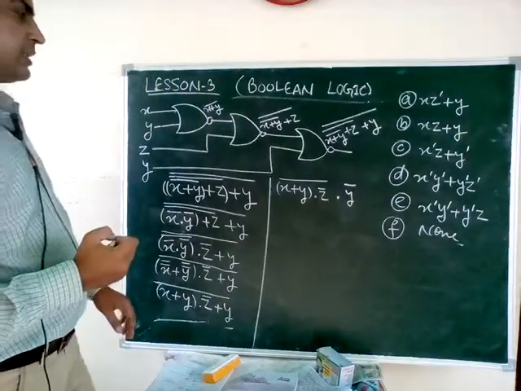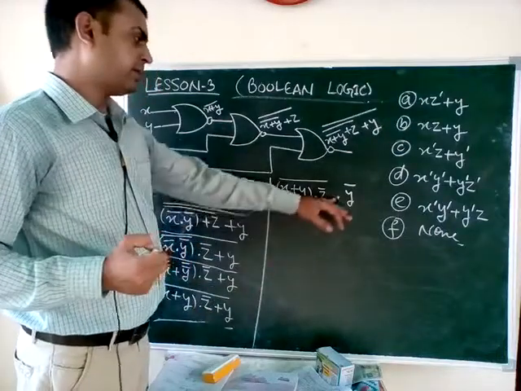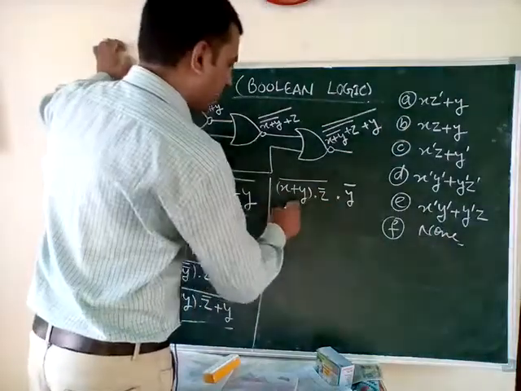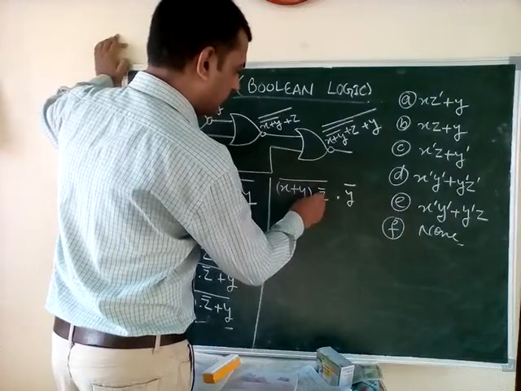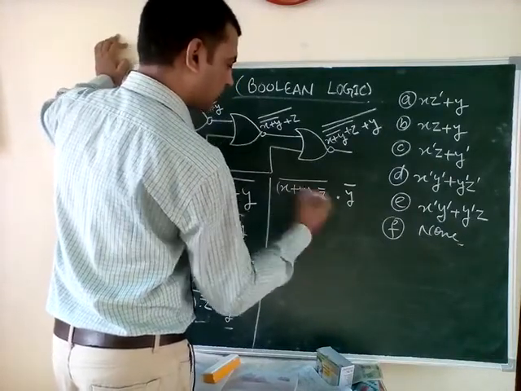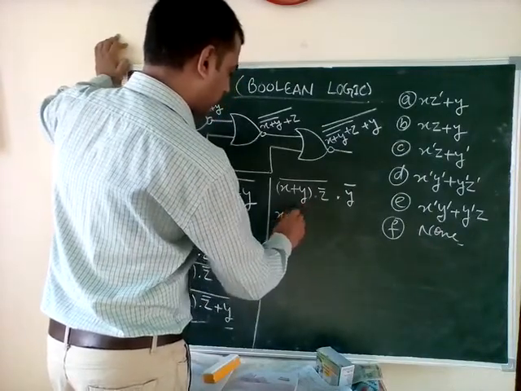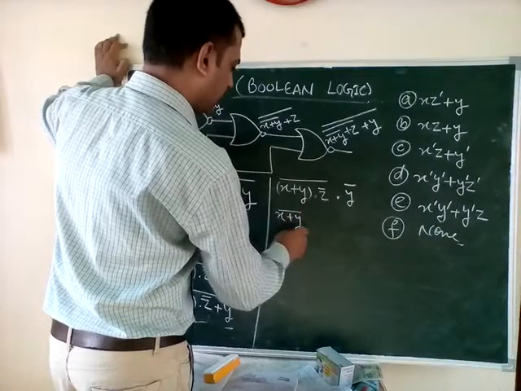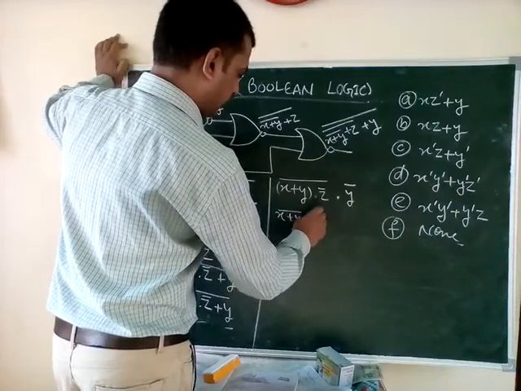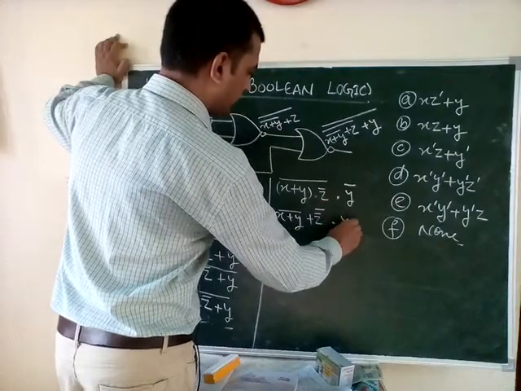Why have I written this? Because if plus is removed, it becomes dot multiply. Now solve this. This is the dot, so again you will use De Morgan's theorem to convert it to plus. Now x plus y bar plus z bar and bar into y bar.